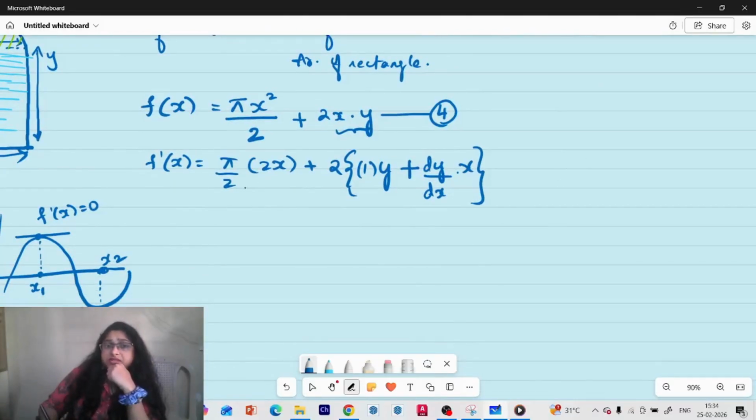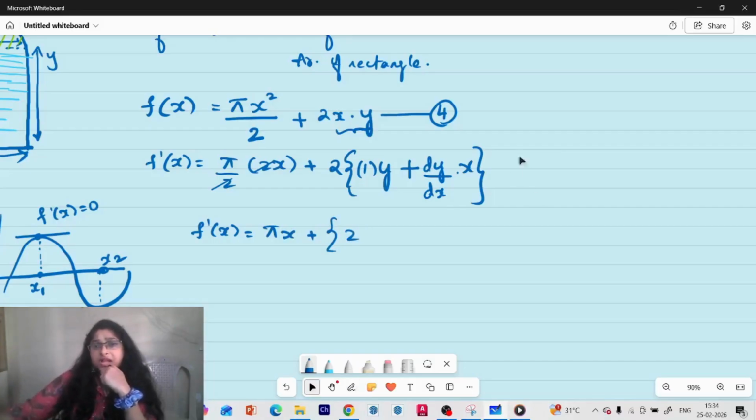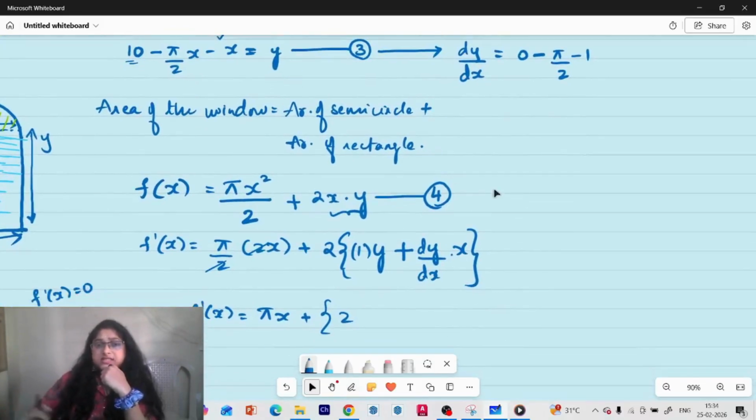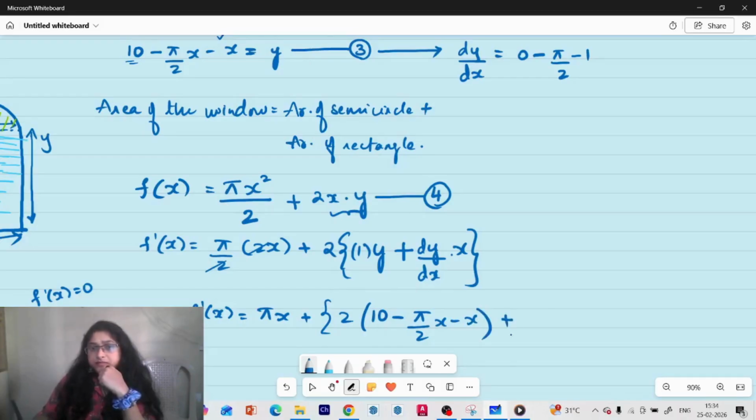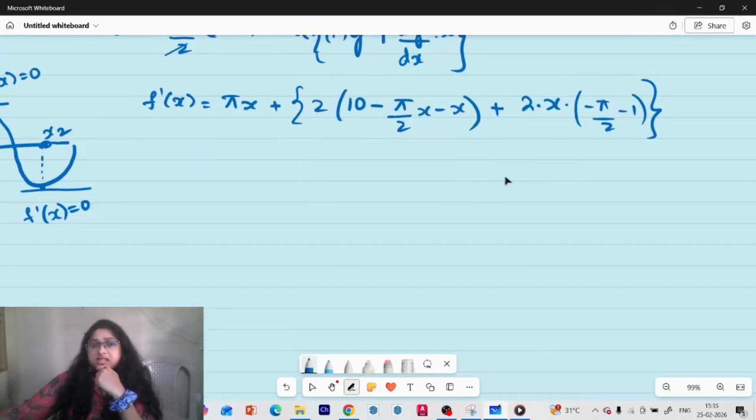Let's substitute it back. So you will get f dash x is equal to pi x plus 2 into value of y. y is 10 minus pi by 2 x minus x plus 2 into x into dy by dx, minus pi by 2 minus 1. Alright? Okay.